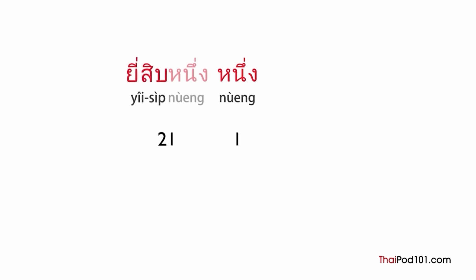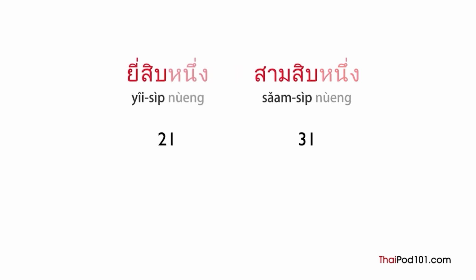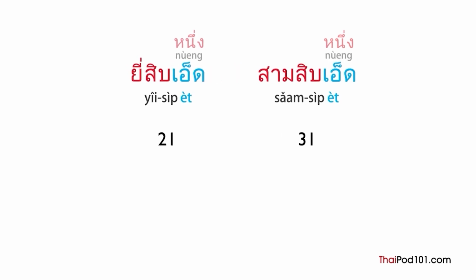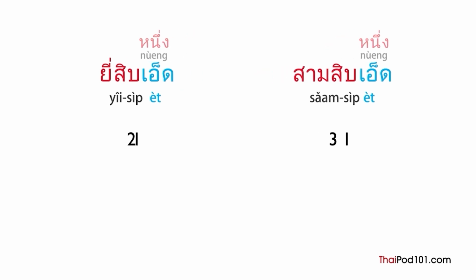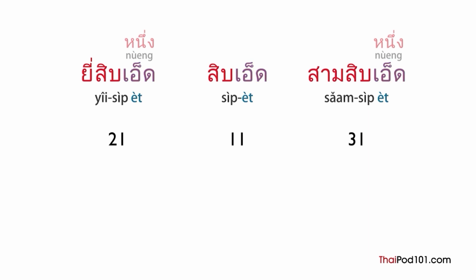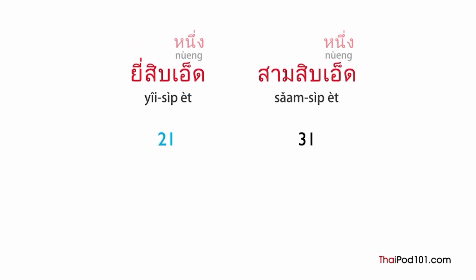If you are trying to add the number 1 in a compound number, for example, 21 or 31, you need to add an 8 instead of 1, just like you did with 11. 21 is not 21, it's 28. 31 is 38. It's the same all the way through 90.